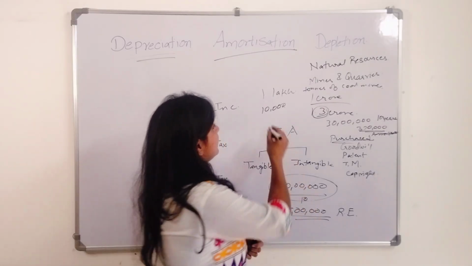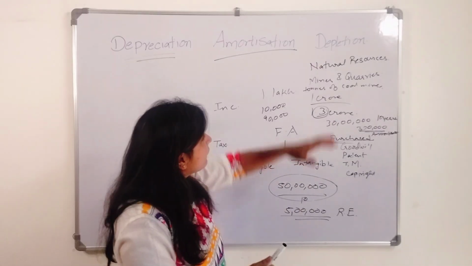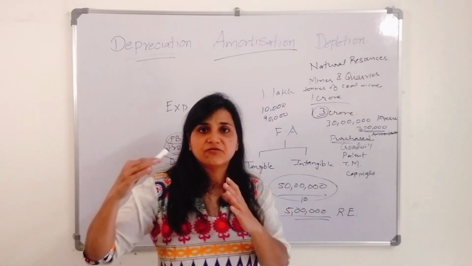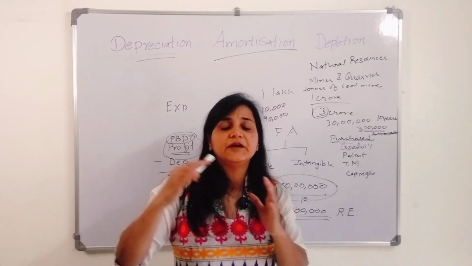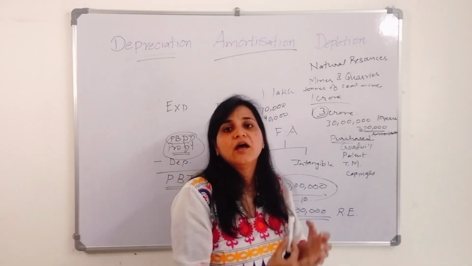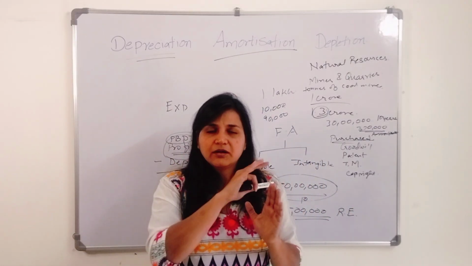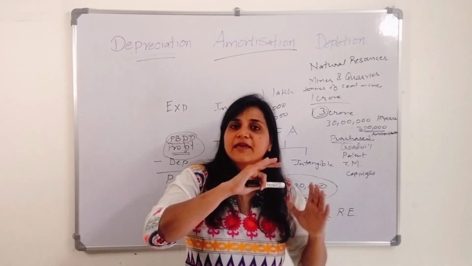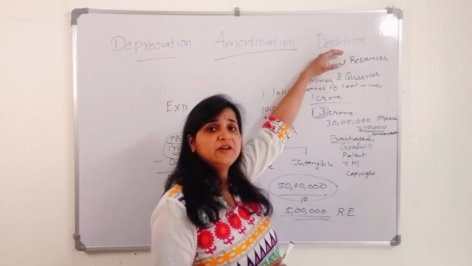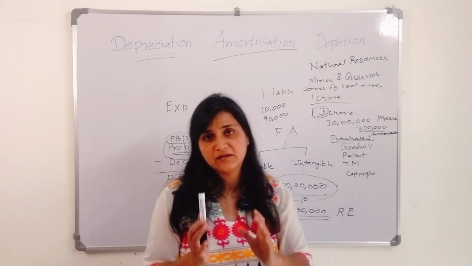What is remaining is 90,000 tons of mines. So when we talk about depletion, now this can be used, let's say, for 5 years. So over a period of 5 years, whatever price I have paid for that coal mine, I am going to charge it as an expense. So depletion relates to natural resources like mines and quarries.